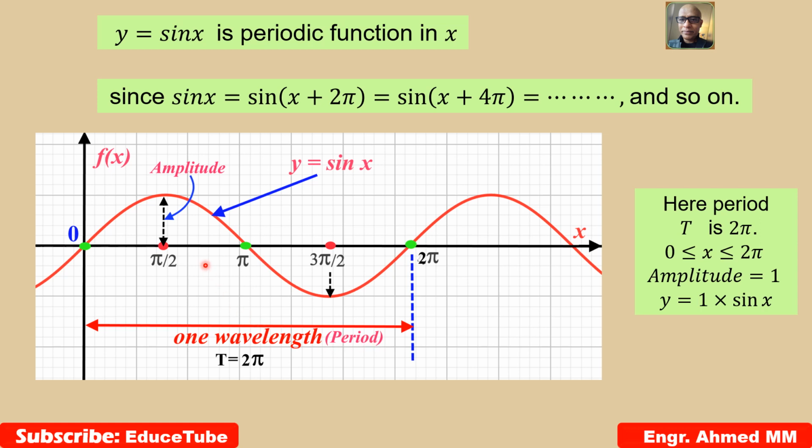From here to here, up to this 2 pi, we call it one wavelength. As I said, the ordinate function of x repeats itself. This one is the amplitude. This ordinate is the amplitude, and it is repeating here also.